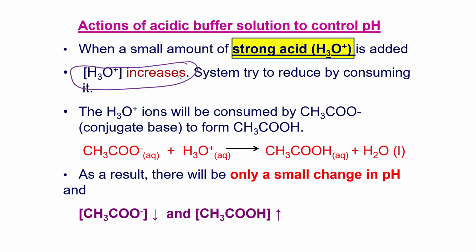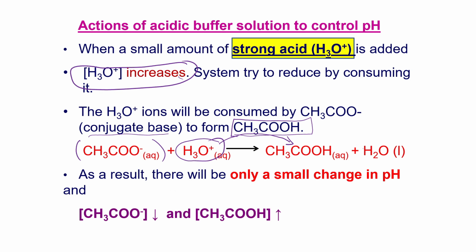Thus, the H3O+ ion will be consumed by CH3COO minus, iaitu conjugate base, to form CH3COOH. Jadi ini adalah consumption daripada conjugate base. Acetate ion react dengan H3O+ daripada strong acid yang kita masukkan. Jadi bila dia react, dia akan dapat semula weak acid dan juga H2O.